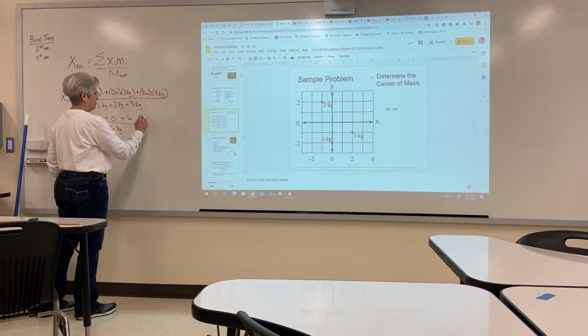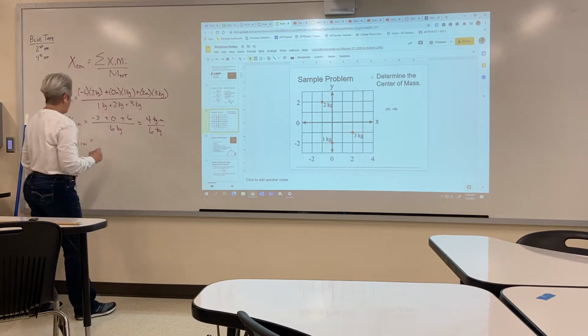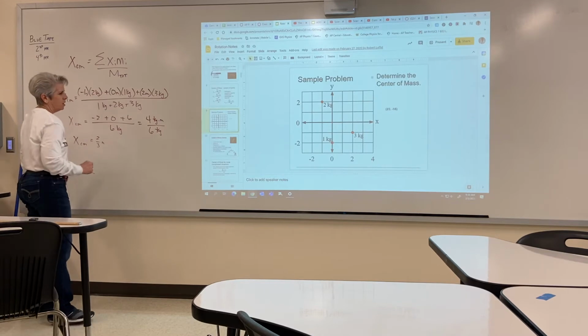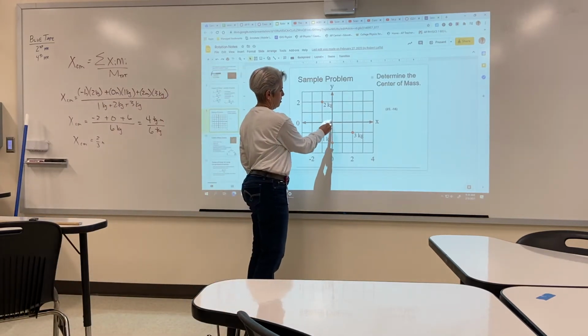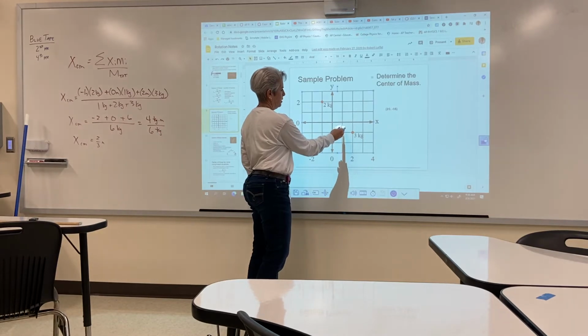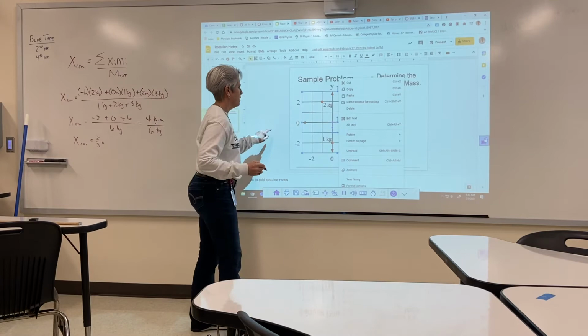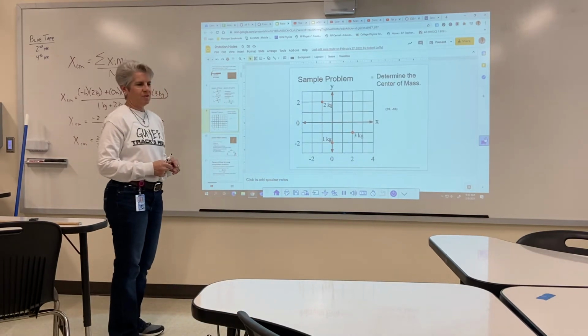So this is going to be 4 kilogram meters over 6 kilograms. Now these units will go away. And the X position is at 2/3 of a meter. Well, where would that be on the grid? If our origin is here, and this would represent 1, then 2/3 would be about here, somewhere in there. Here we go.